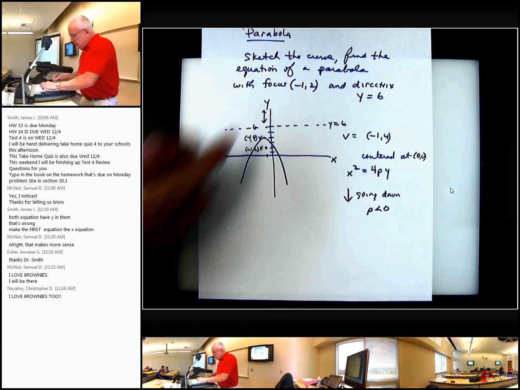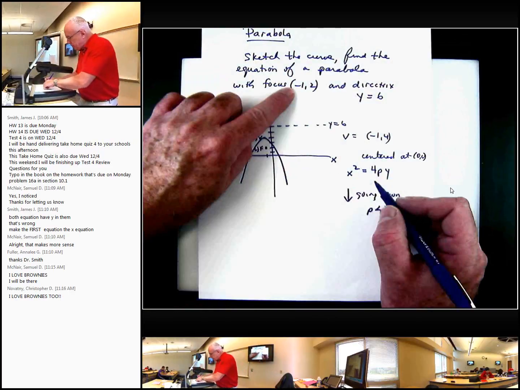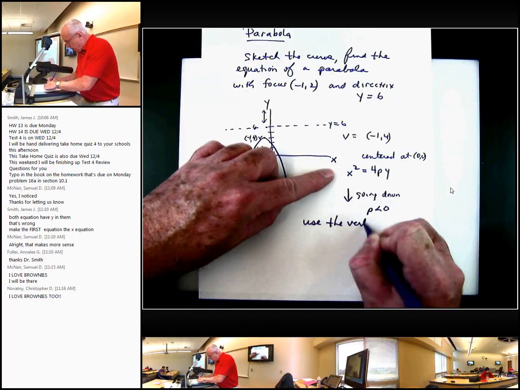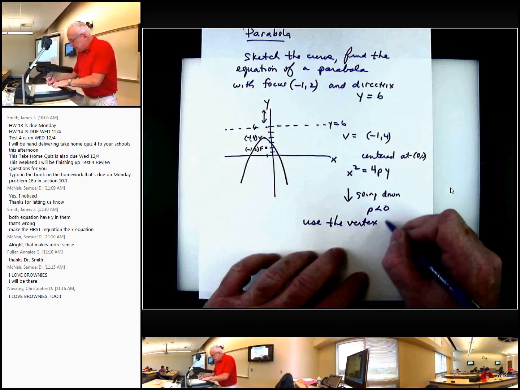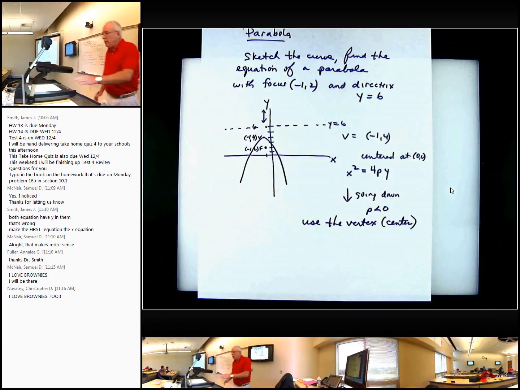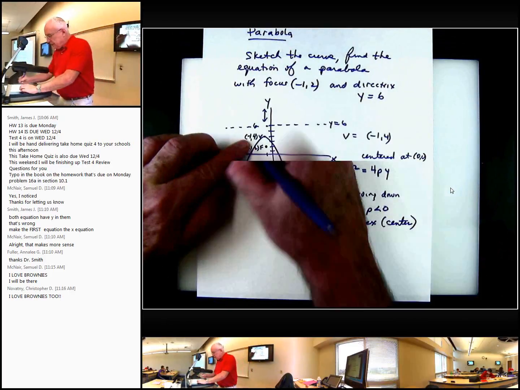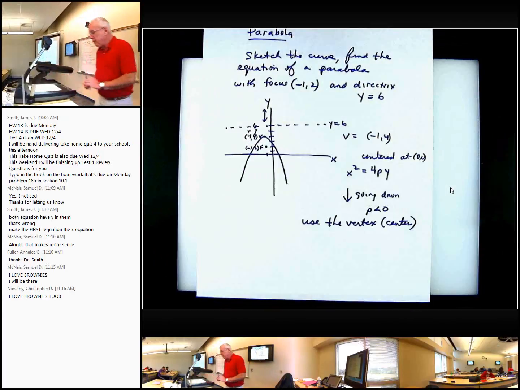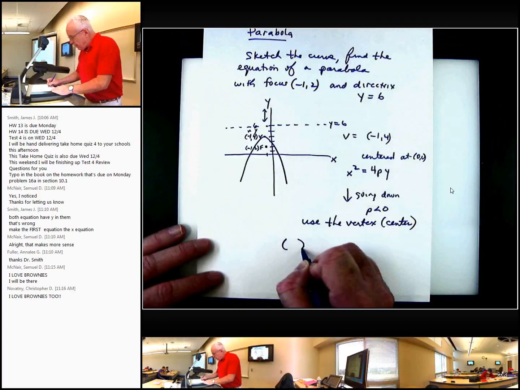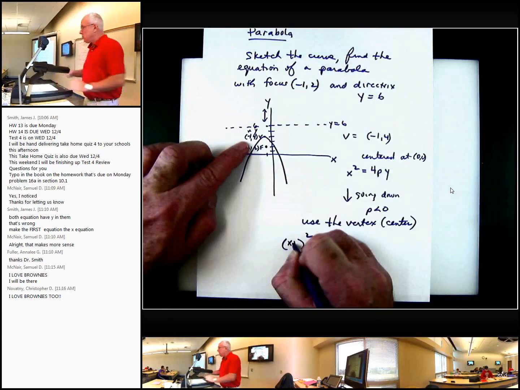Now, let's see. Instead of plain x and y, though, we're going to use the vertex, which in this case is considered also the center. We've determined already that the vertex is -1 and 4. This is our x, that's our y. Now remember, it's opposite sign. So here, for x squared, it's not going to be -1, but it's going to be +1.